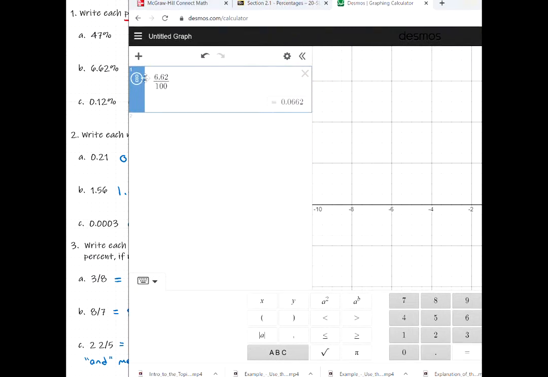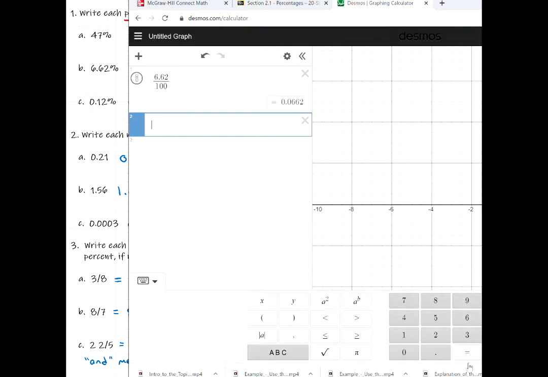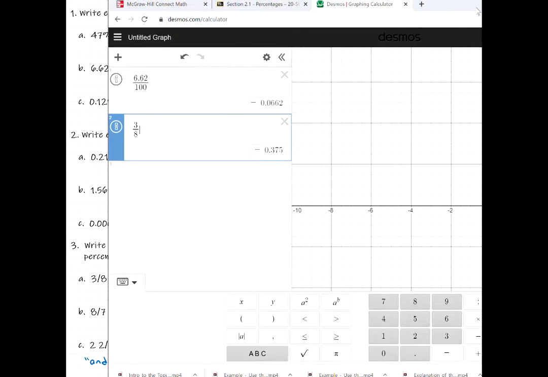Okay, so we could add another line. 3 divided by 8. And now we're going to have to convert this decimal here to a percentage, and that means multiply by 100. So if you want, you could just move the cursor here, and let me move this so you could see the buttons.